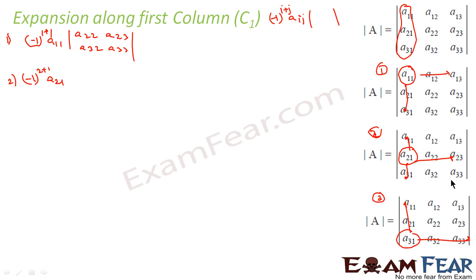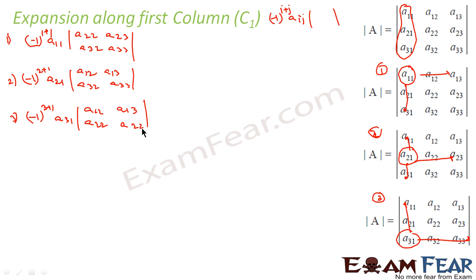And then this matrix, which has values a12, a13 in the first row and a32, a33 in the second. In the third step, same thing: minus 1 to the power 3 plus 1, a31, and then the values a12, a13, a22, a23. So I've got this.